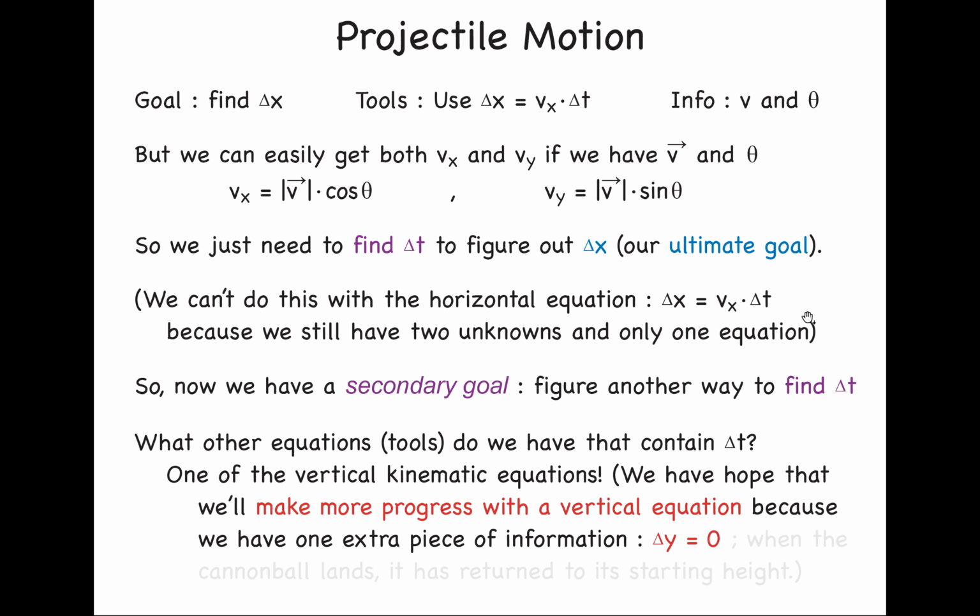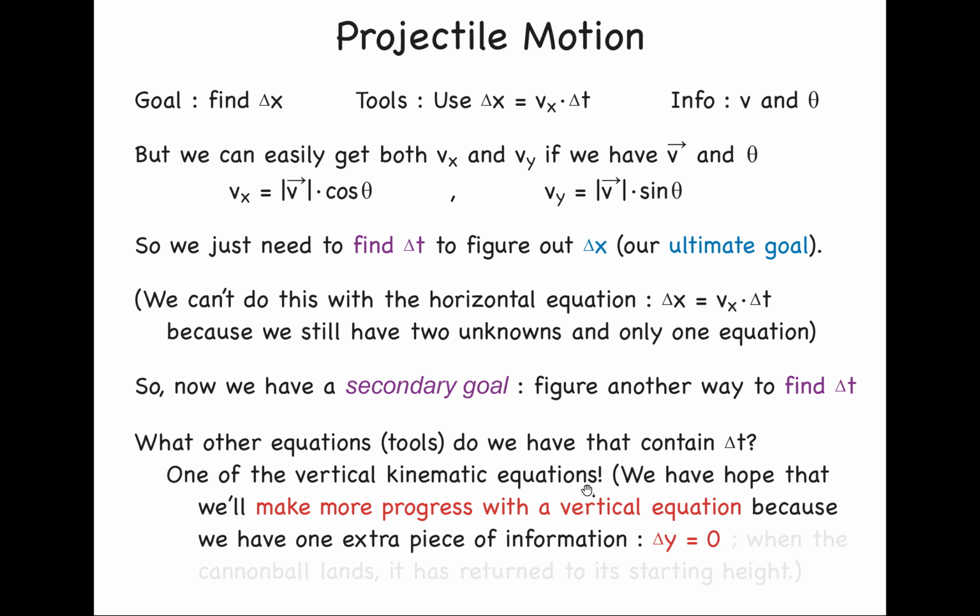right? In x, we don't know the time and we don't know the total displacement. That's one of the things we're trying to figure out. But in y, the total displacement is known because we're asking for how long and how far it is gone before it hits the ground again.